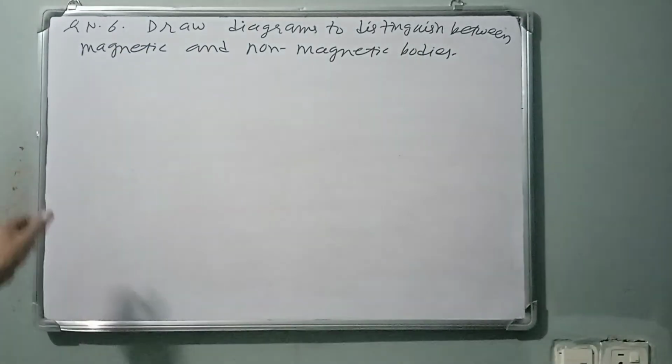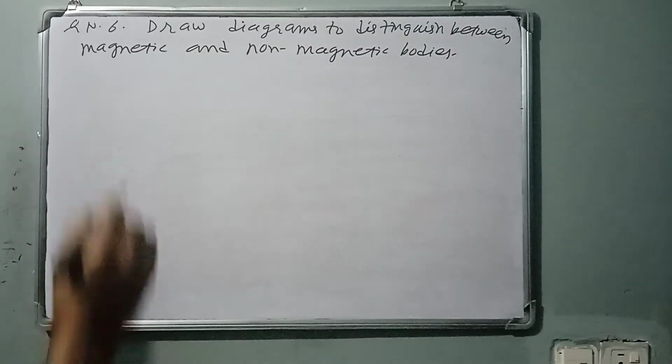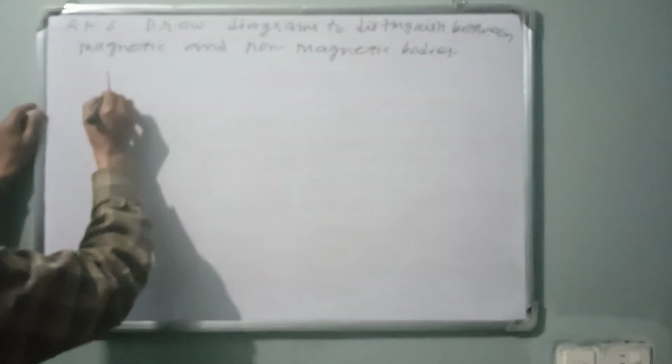How to know magnetic bodies and non-magnetic bodies? Diagram. See.